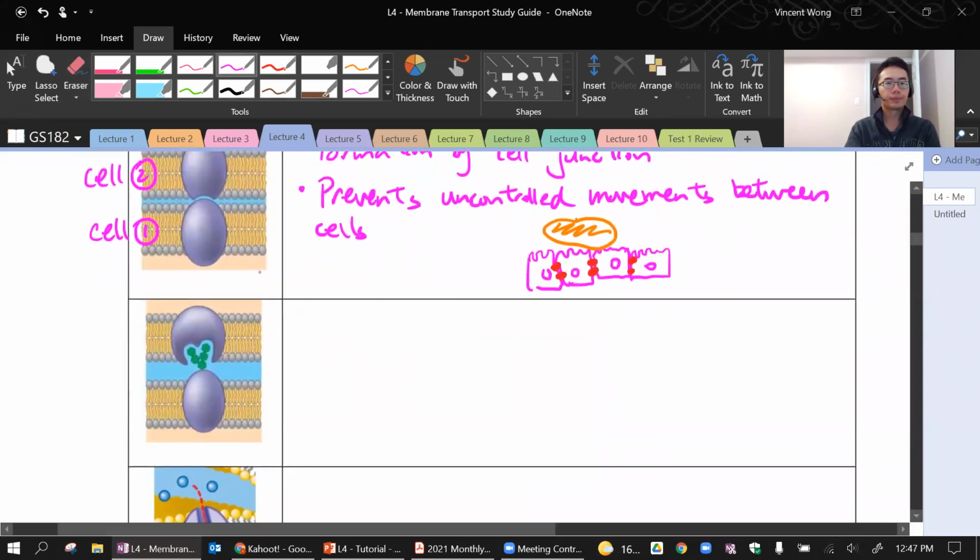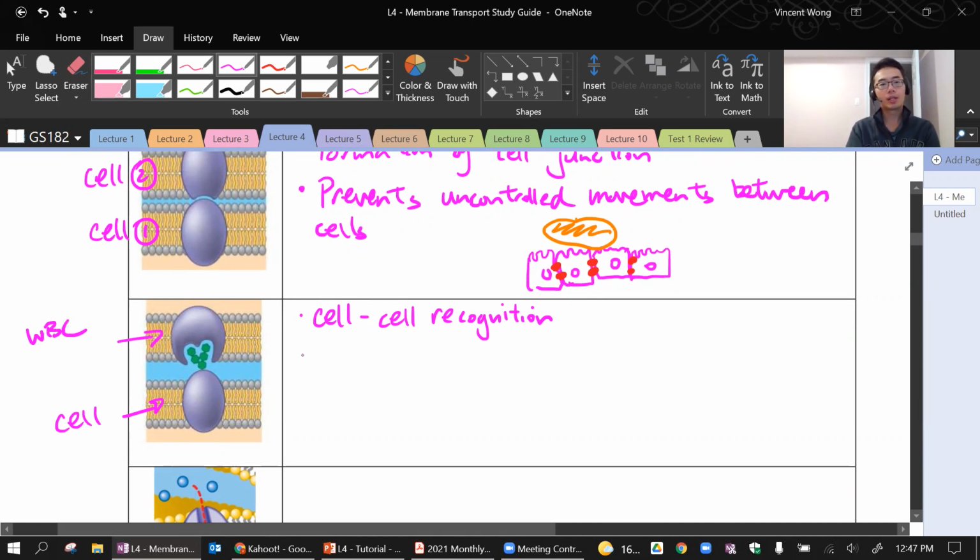Next one we have cell recognition. This might be a cell, and then this is a white blood cell.